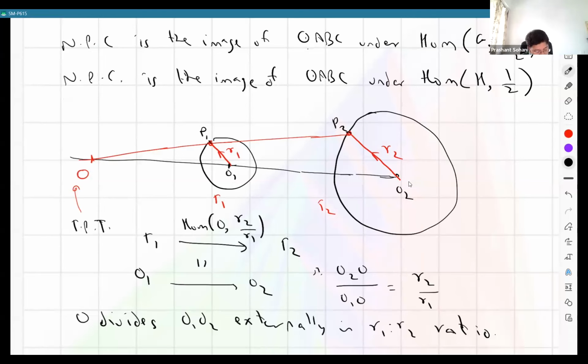So for example, in this diagram, roughly speaking, it looks like the second circle is two times the first circle, right? So the ratio of division is 1 is to 2. So you'll see that O1O upon O2O is roughly half, right? Ignoring the sign for now.